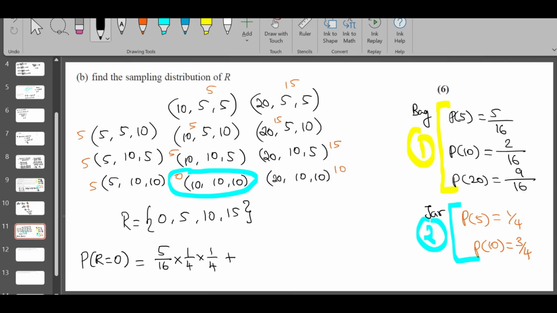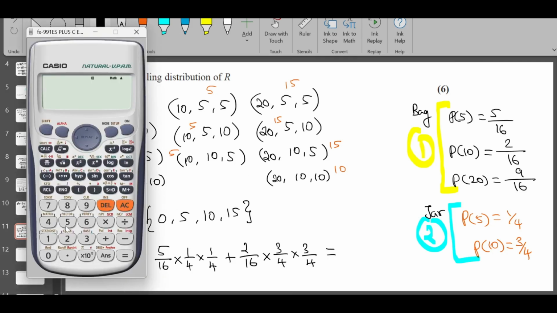And then the next, 10, 10, 10. The first 10 comes from the bag. So 2 over 16 times. The other 2 10s are coming from the jar. 3 over 4 times 3 over 4. We are done with this also. So let's calculate this first. 5 over 16 times 4 times 4, that's a common denominator.